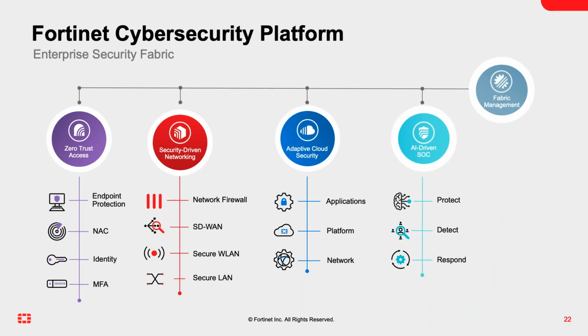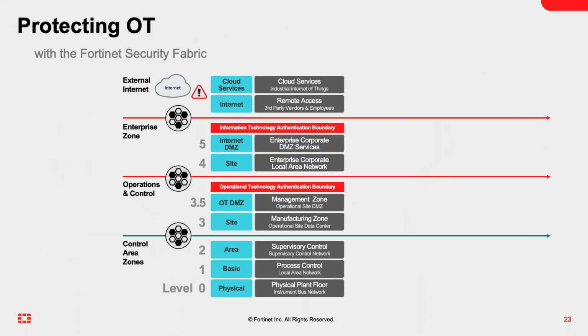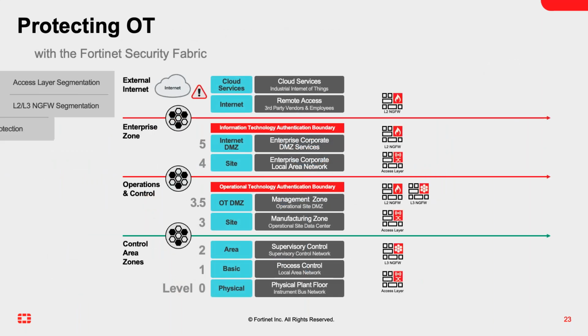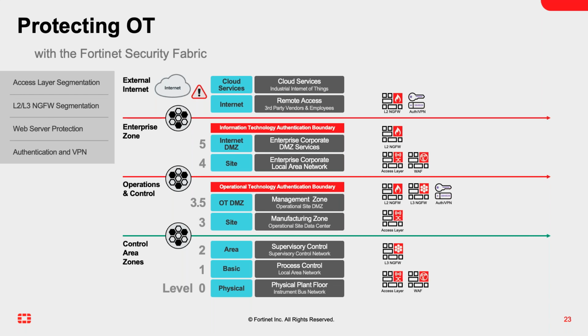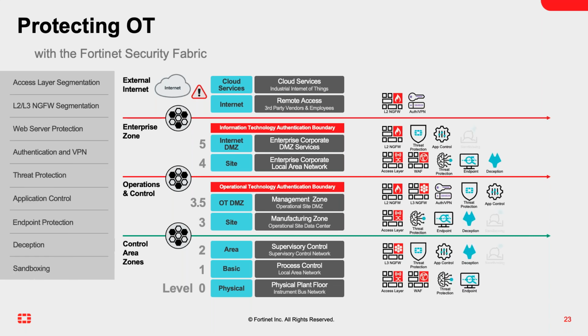Zero trust access, adaptive cloud security, fabric management, single pane of glass visibility of all the components of the security fabric and the devices that we protect. Devices that offer segmentation, all the way from access layer segmentation to VPN authentication and protection, application control, endpoint protection, deception, and sandboxing.